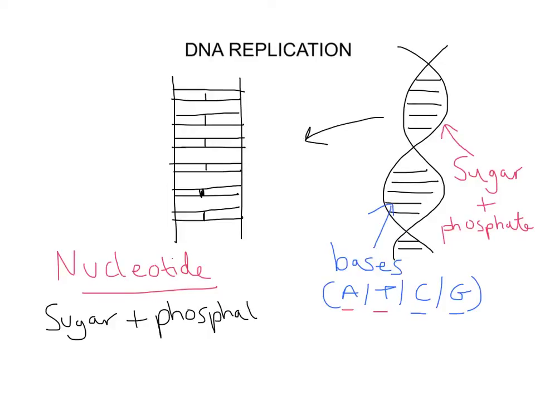So a sugar molecule with a phosphate and one attached base, that we call a nucleotide. I'm not going into too much detail about nucleotides and polynucleotides in this, but just very basically what a nucleotide is. So it's a portion of the backbone with a base attached, because it's important in this replication process.